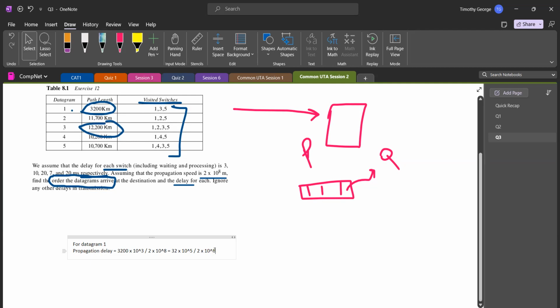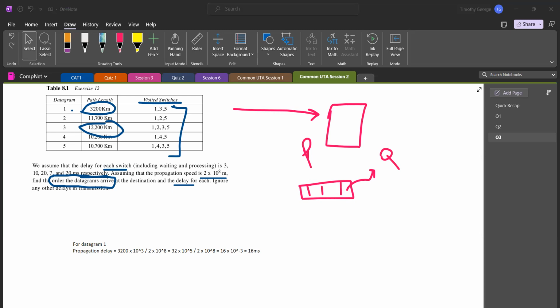So it's going to be 16 x 10 to the power minus 3. So we can basically write that as 16 milliseconds. That's all.